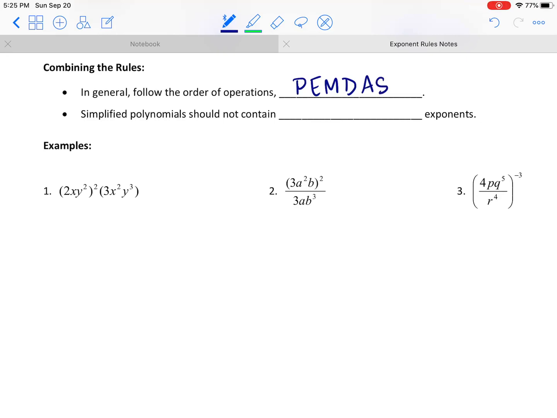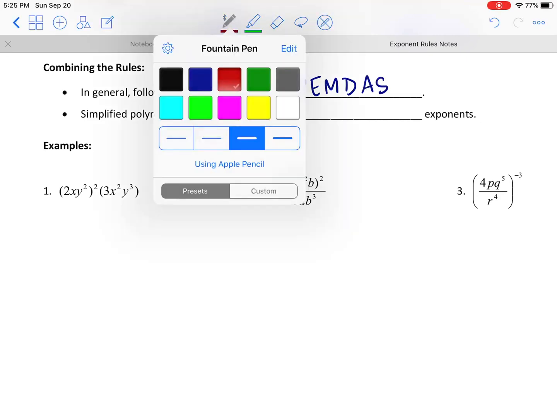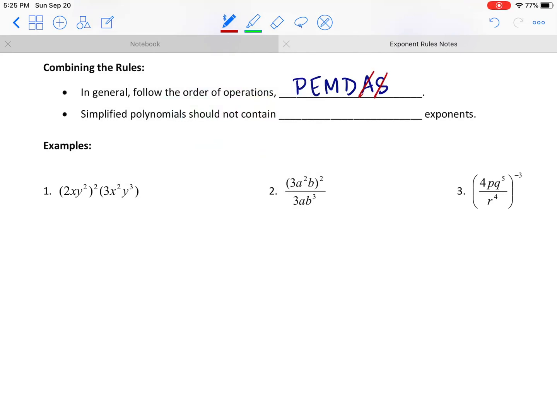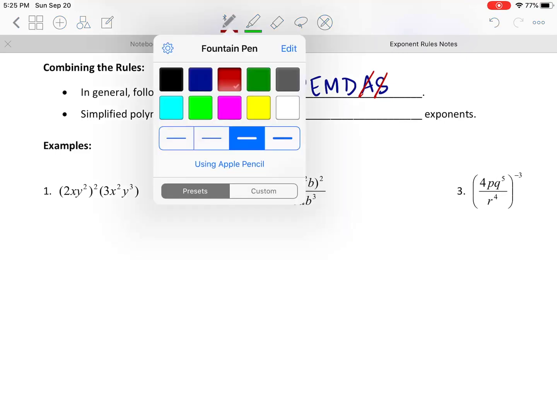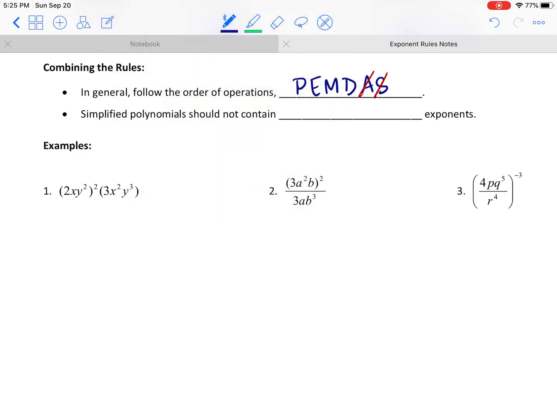And then addition and subtraction, we're not going to see that here, so we don't really have to worry about these last two steps. But just so you can follow that as a guideline. And then, again, simplified polynomials should not contain negative or zero exponents, because those have simpler forms.